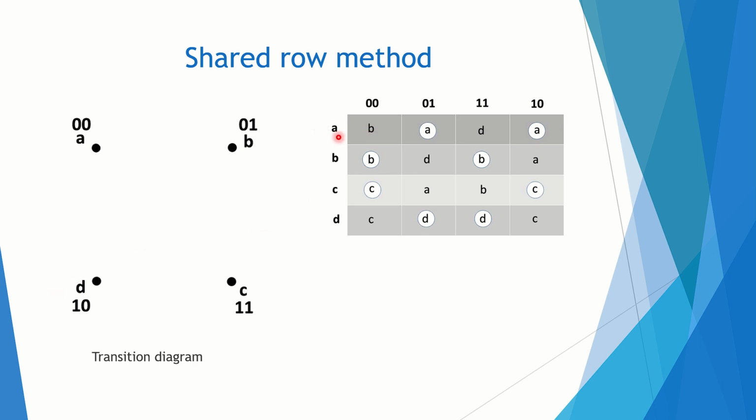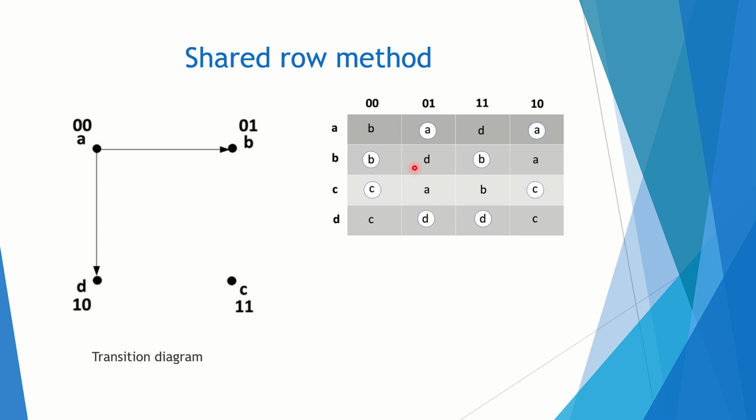So when it is state A, it goes to state B. So there is a transition between A to B, and that is shown here. Then A to A, we do not bother about that. Next is A to D, so here is the A to D transition, and then B to B. Don't care here.